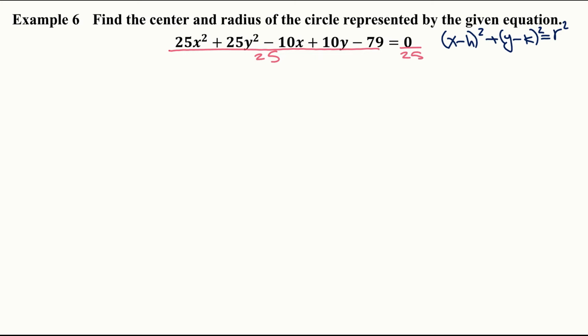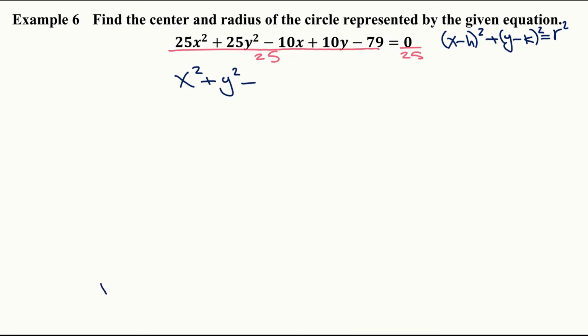All right, so you know that this is going to split up, and each of these terms is going to get divided by 25, right? So we get x squared plus y squared minus 10 over 25.